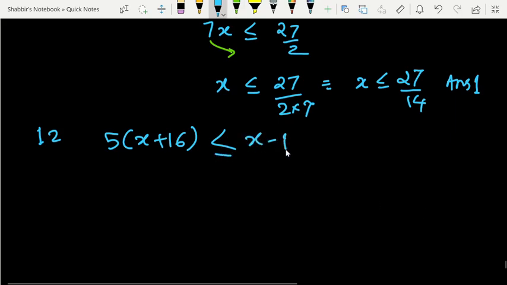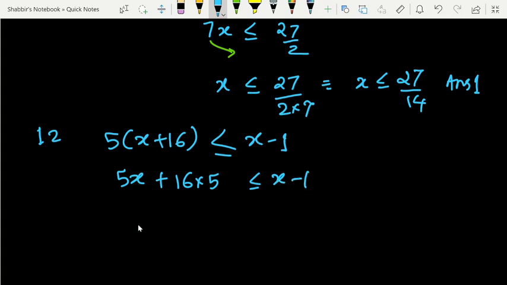So 5 gets multiplied inside, so it becomes 5x plus 5 into 16 less than equal to x minus 1. Now x will go this side. It becomes minus x. 16 into 5, it is 80 less than equal to minus 1.